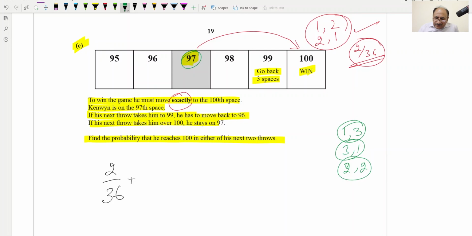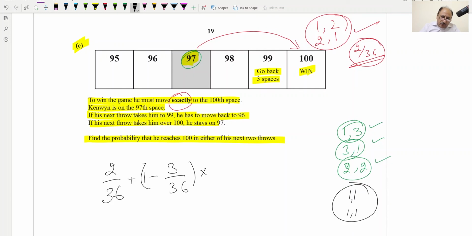So we will subtract this, and this will be, we can write, 3 options out of 36. So we will write 1 minus 3 out of 36, and this will be multiplied by the other option, which is basically 1 1 will be one option, and the second one will be the other option.